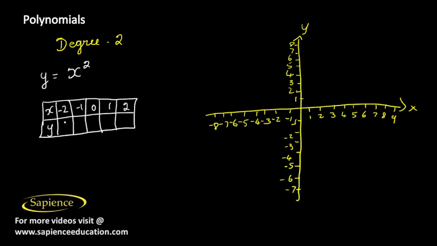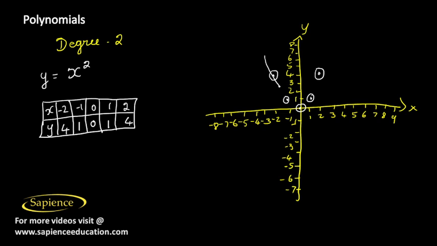And for y, when x is equal to -2, y will be 4. When x is equal to -1, y will be 1. Here 0, and here also 1 and 4. So -2 and y is 4, -1 and y is 1, 0 and 0, 1 and 1, 2 and 4.